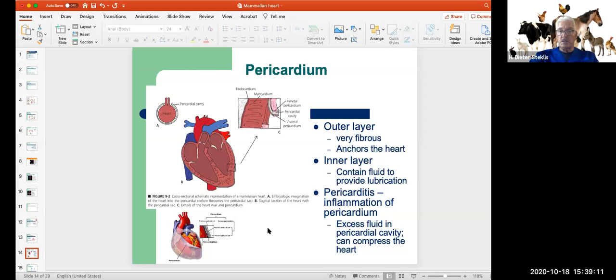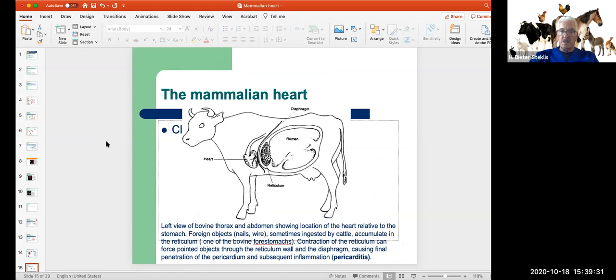Now, there is a condition called pericarditis, which means literally inflammation of this membranous sac, and you can get excess fluid buildup in the cavity, and that can get quite dangerous because it can actually compress the heart and interfere with its pumping functions. And this is what I wanted to come back to now with regard to the bovine thorax here.